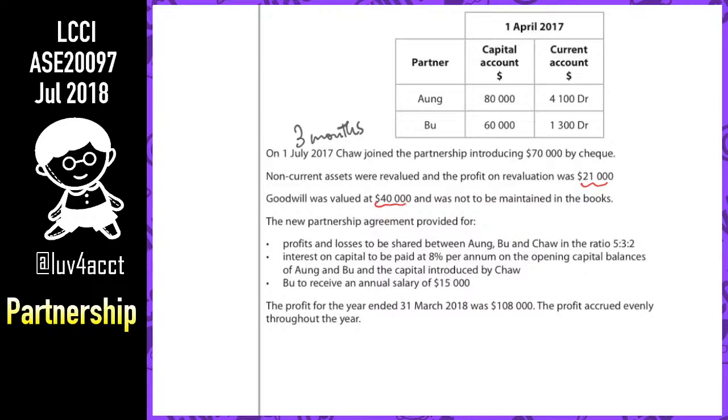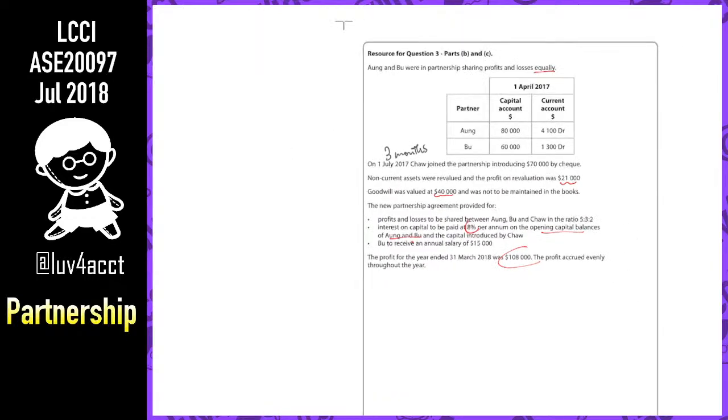Interest on capital to be paid 8% per annum on the opening balances of An and Bu, and the capital introduced by Cho. Bu to receive an annual salary of 15,000, but only for 9 months. The profit was 108,000. Profit accrued evenly throughout the year.